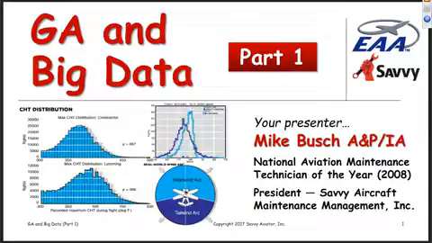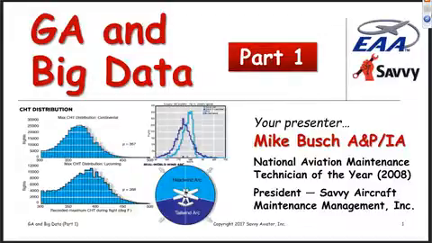We have a database of about 1.2 million flights now from about 9,000 different aircraft, and that's enough data to do some really interesting stuff. So I'm going to be talking to you about some of the stuff we've been doing with this data tonight and next month when we do part two of this series.